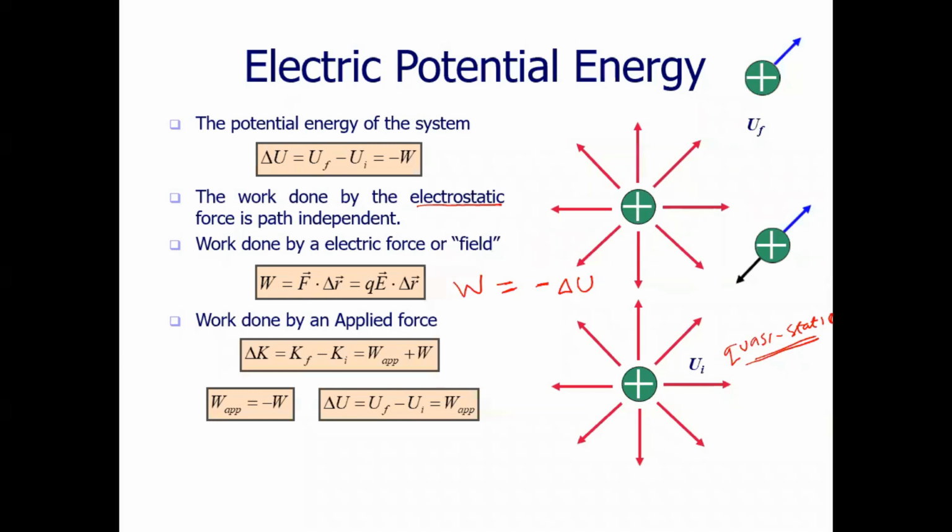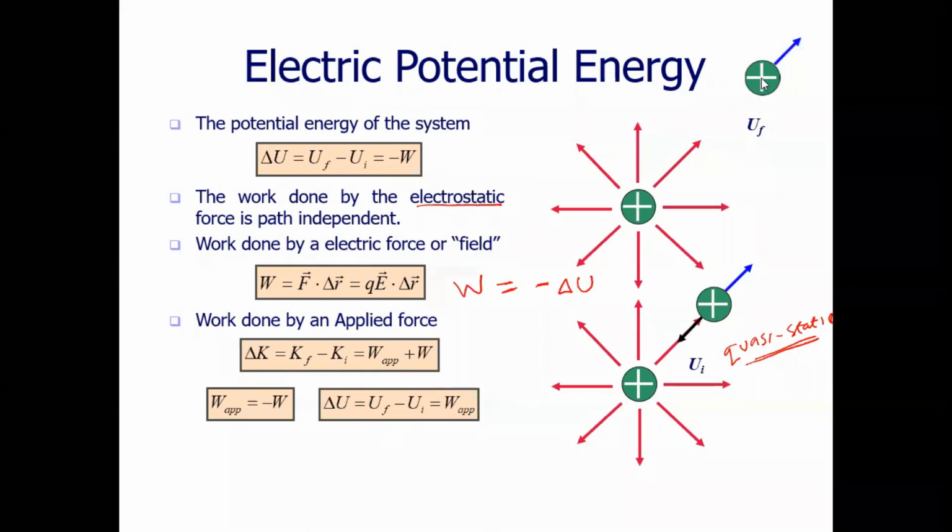There are two forces at play here. There is a force that the electric field is exerting. That force has been indicated in blue. There is also the force which the external agent applies such that this charge moves quasi-statically. That force is indicated in black. This is what we are calling the applied force.